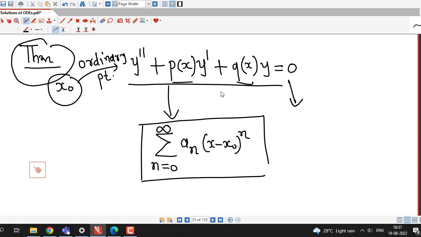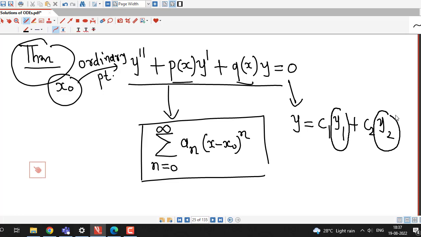Now this is a linear differential equation of second order, so its general solution will look like this: some constant c1 into y1 plus another constant c2 into y2. This y1 and y2 will be in this form: y1 equal to a series solution in powers of x minus x0.